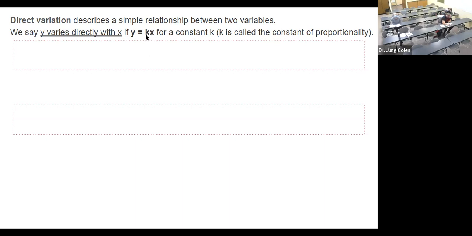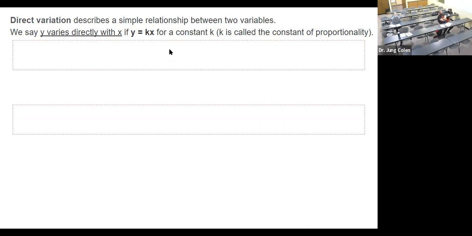The k is a constant, that is the number that we multiply by. For example, between wrist and the thumb, 2 times thumb is always the wrist size. 4 times thumb was always the neck size, and so on.